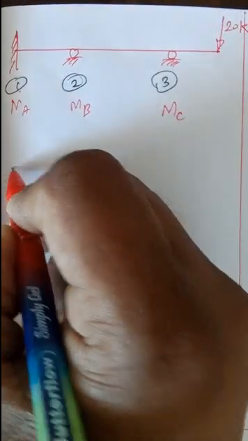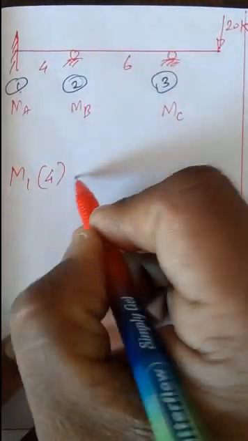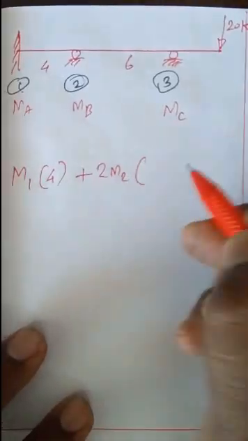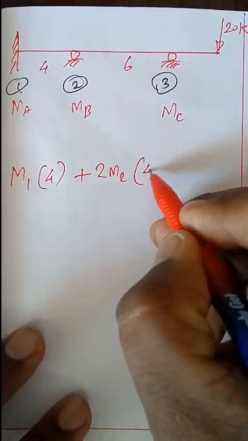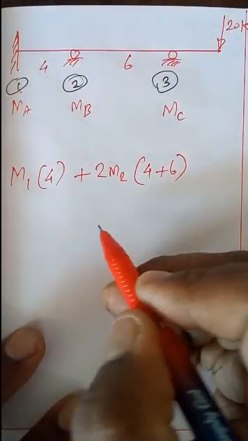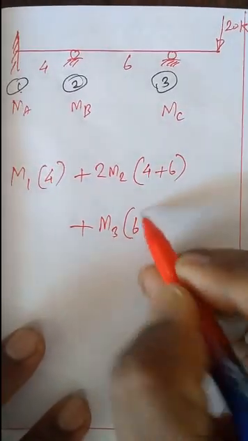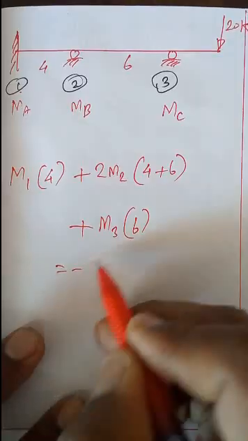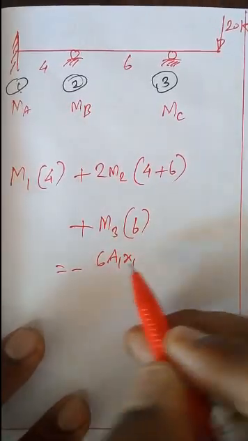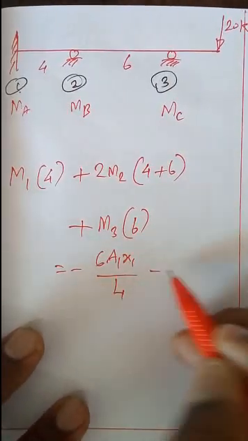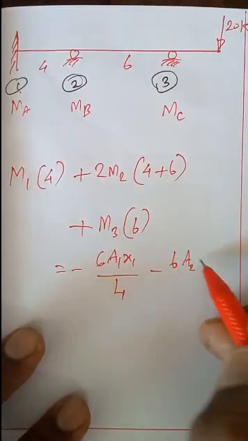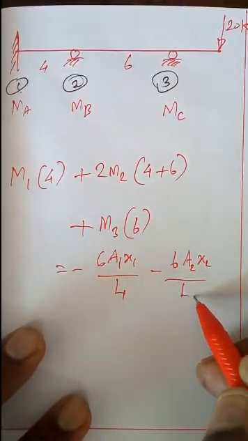So we will write down Clapeyron's equation. M1 into 4 plus 2M2 into 4 plus 6, that is L1 plus L2, plus M3 into L2 which is 6, equal to minus 6 A1 X1 by L1 minus 6 A2 X2 divided by L2.